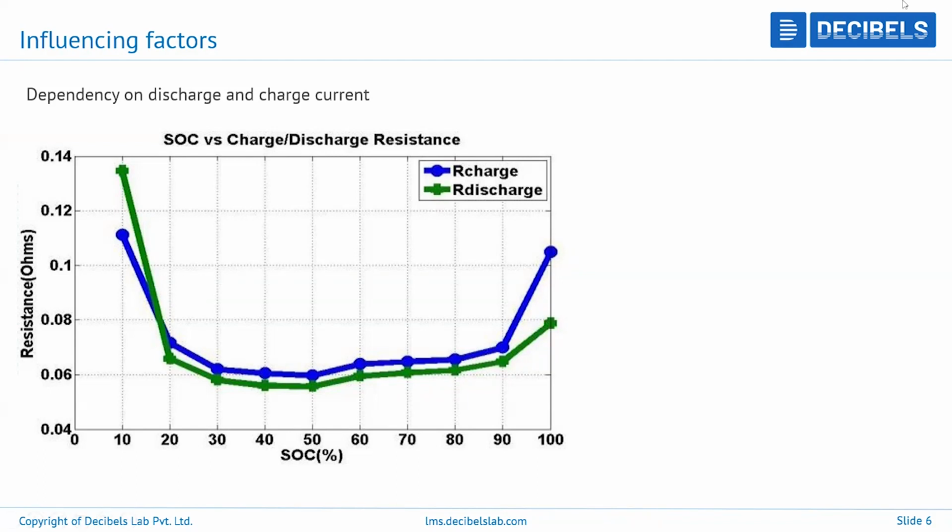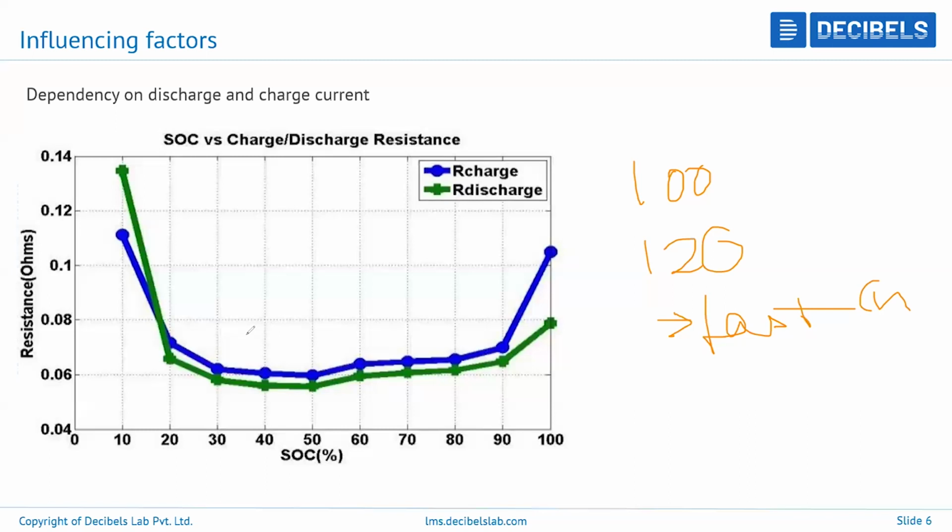You will see that many OEMs will say do not fast charge always. They will say that once in every 100 cycles or once in every 120 cycles, you can go for fast charging. Okay. The reason is because fast charging means this resistance curve will be much more significant.